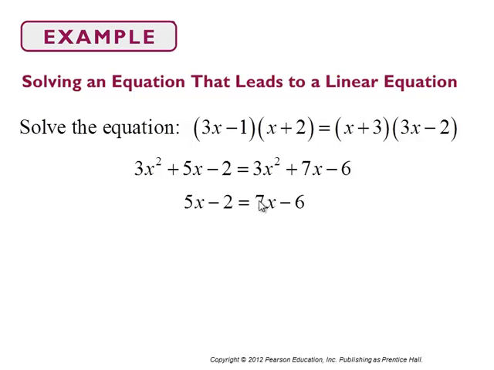Of course, they cancel, leaving you just with this linear equation. And of course, you can maybe add 2 to both sides, subtract 7x from both sides, divide both sides by 2. So this is an example of an equation that leads to a linear equation.